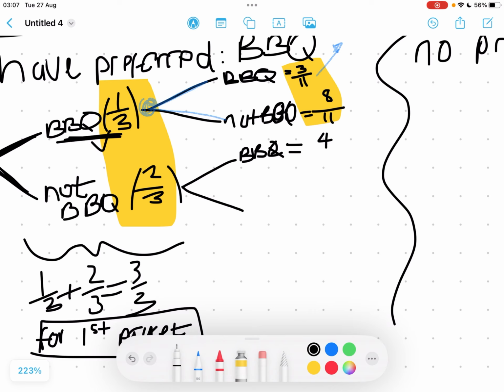Okay, 4 over 11, and then the probability of not getting barbecue is now 7 over 11, because I had 8, I sold 1, and I have 7 now.